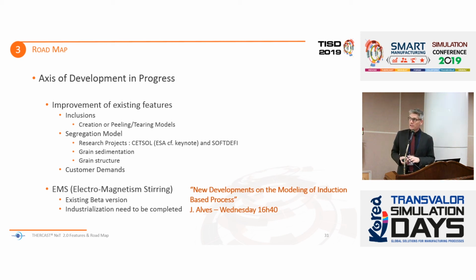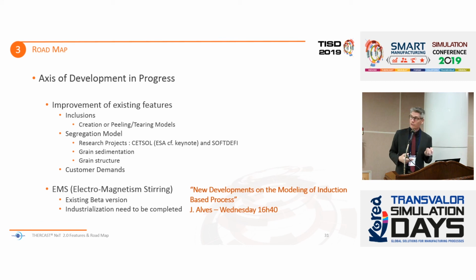The electromagnetic stirring. We have been talking about electromagnetic stirring for a long time now, but it's not available yet for different reasons. One of them is that we need to couple two different solvers. The one is the fluid flow solver coming from TerraCast, and the other one is the induction solver, which is used in Forge for the induction heating.